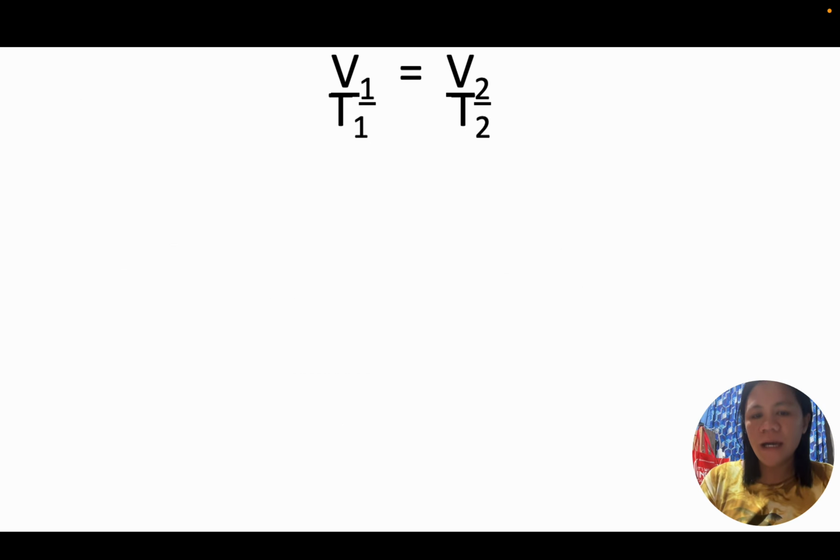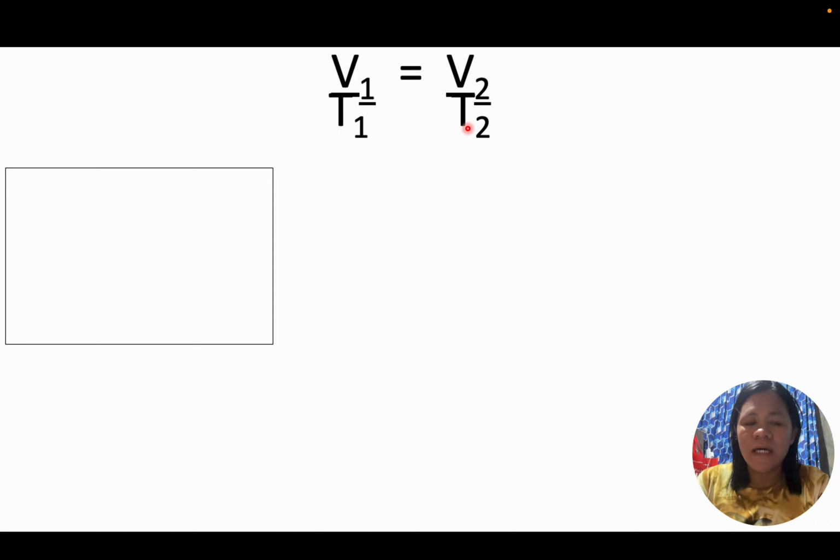Okay, so we are now on the part where we're going to rearrange the formula. Here is our formula again: V1 divided by T1 equals V2 divided by T2. If we are looking for V1, simple lang yung gagawin natin. We have to transfer yung kasama niya on the other side, which is the T1.